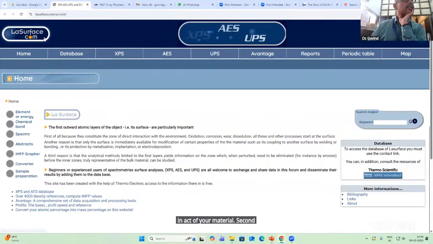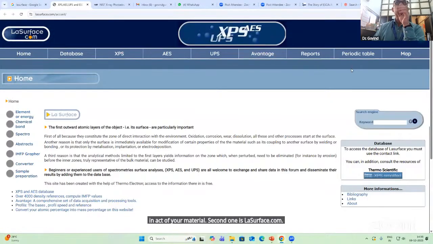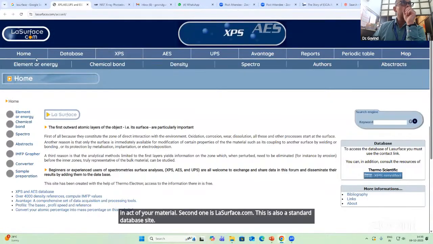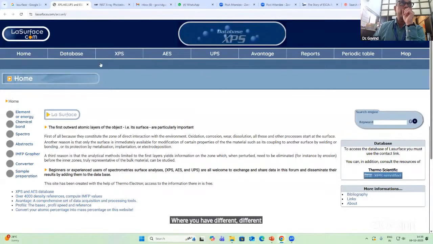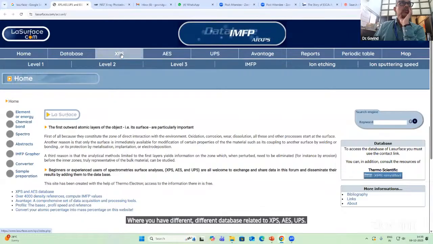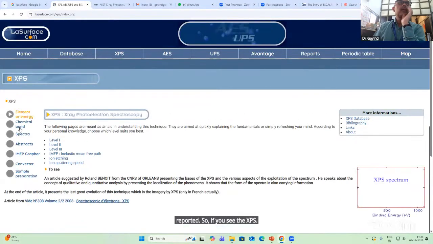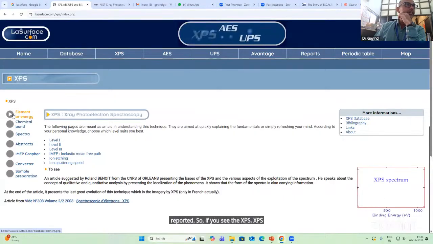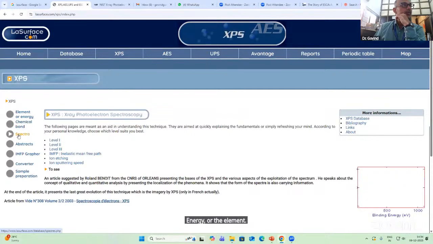The second one is lasurface.com. This is also a standard database site where you have different databases related to XPS, AES, UPS reported. So if you see the XPS, you will find energy or the element, chemical bond, spectra. So these are the databases.